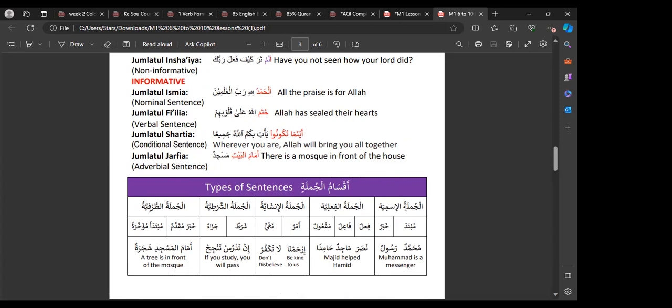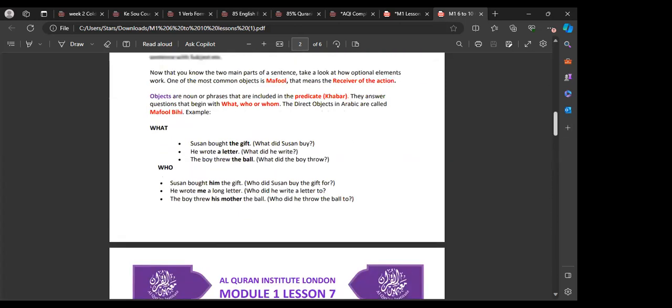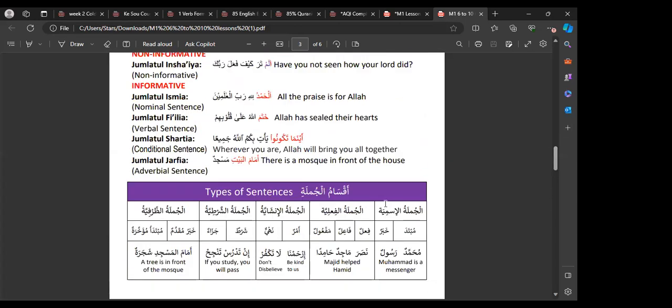But the first two boxes, Jumlat al-Ismiya and Jumlat al-Fi'liya, those two words, and Jumlat al-Khabariya and Jumlat al-Insha'iya. So these two categories, and then those two categories. They should be in your notebooks, and they should be written down and understood, inshallah.